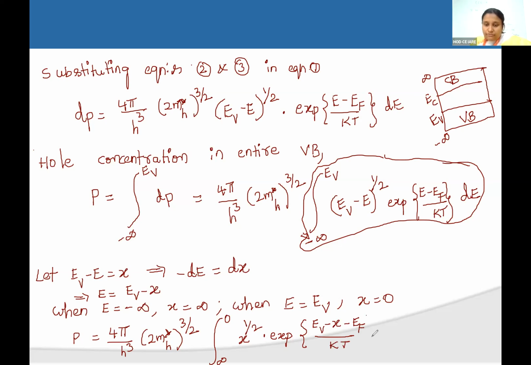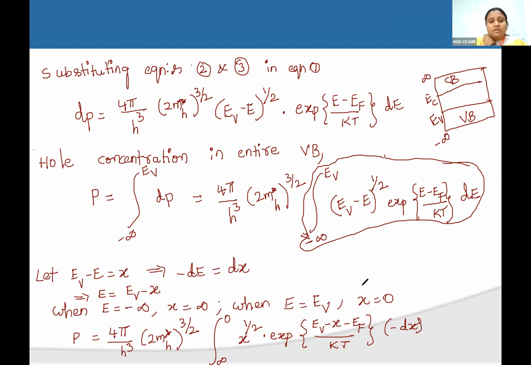In place of dE, we got minus dx, because dE is minus of dx. Now how to simplify it? You have copied, students. All of you copy this in your notes. I hope all are maintaining notes. Derivations will be clear to you only if you do it along with me.